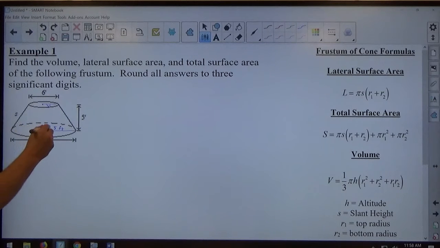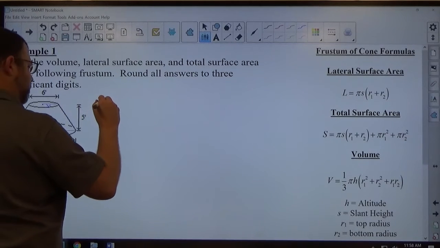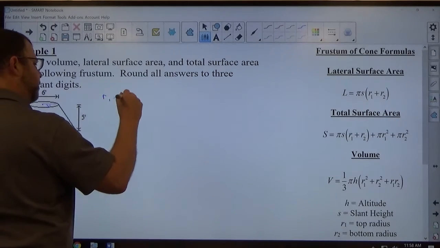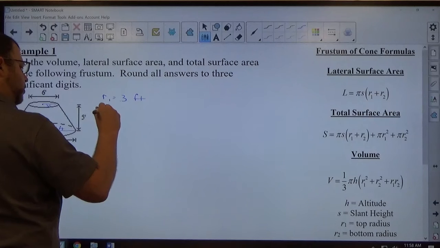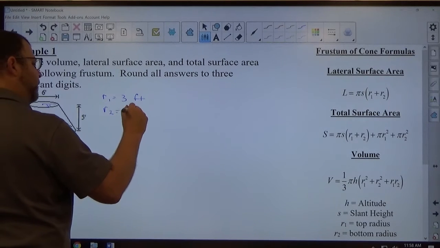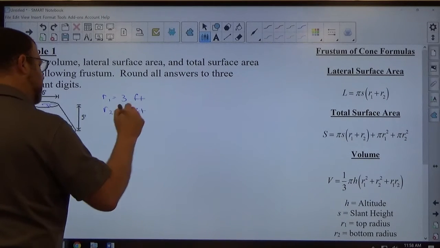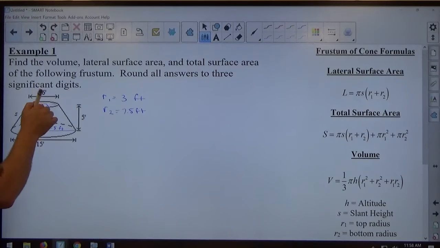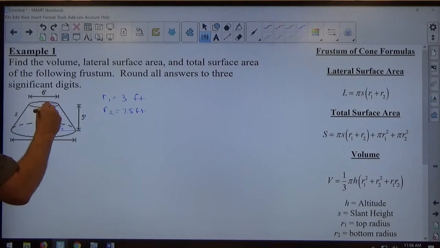So I can record that information over here. I'm going to say r sub 1 equals 3 feet. r sub 2 is equal to 7.5 feet. I'm going to use ft for feet.